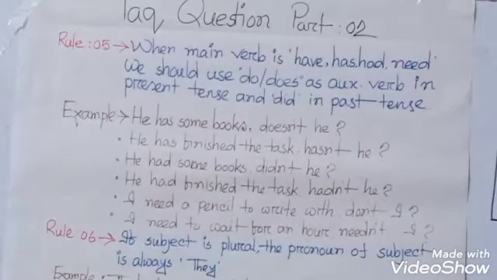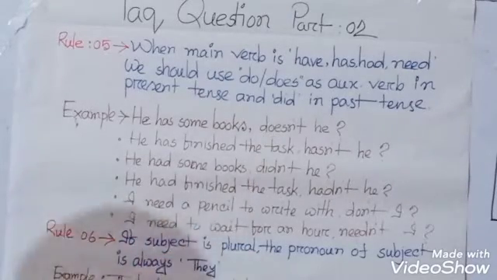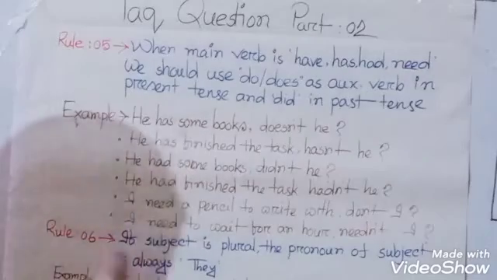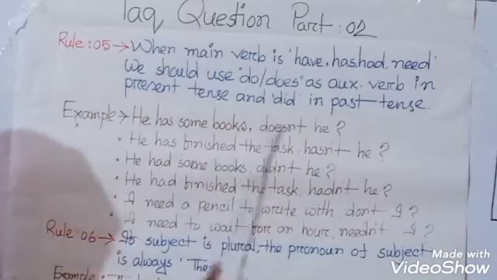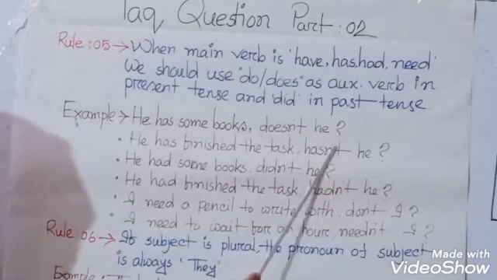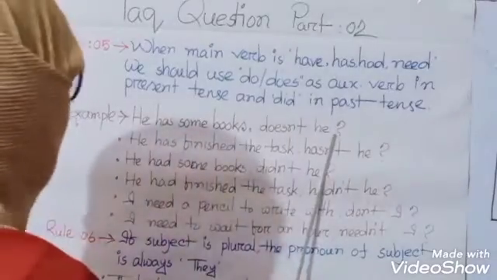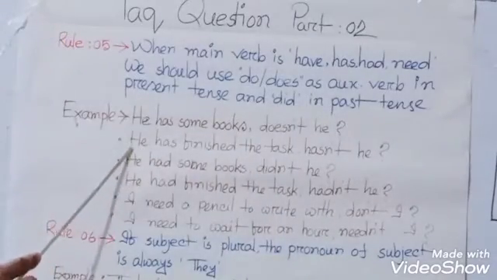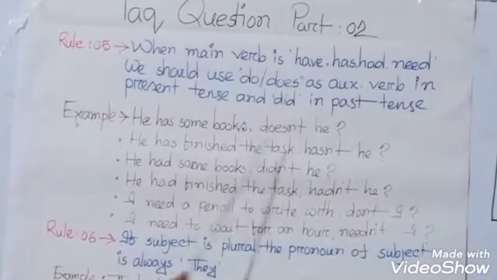He is third person and singular number. That's why we use does, not do. And this is an affirmative sentence, so we use the negative, doesn't, and the subject he comes here. So, doesn't he?